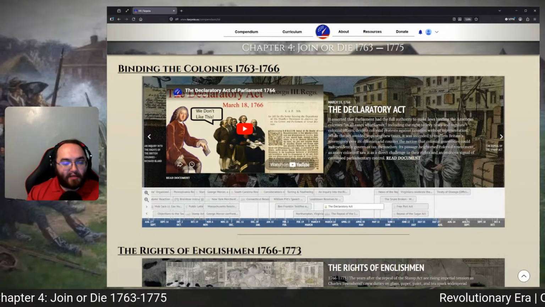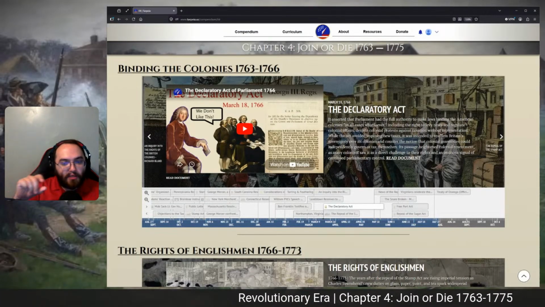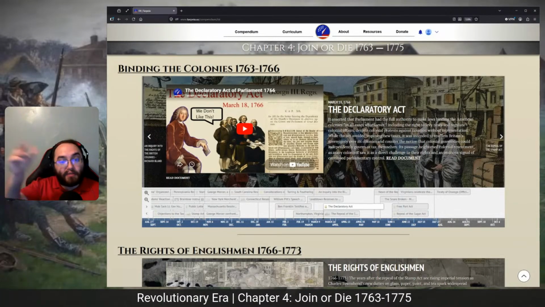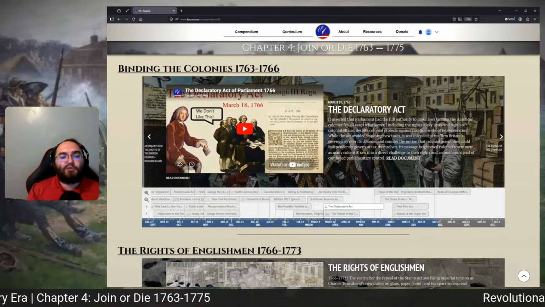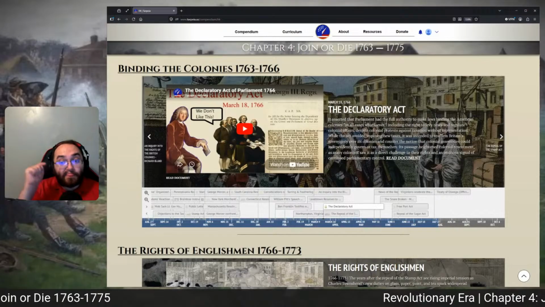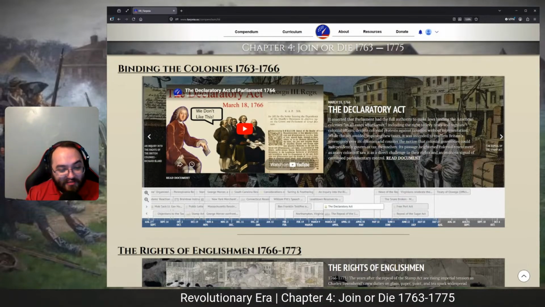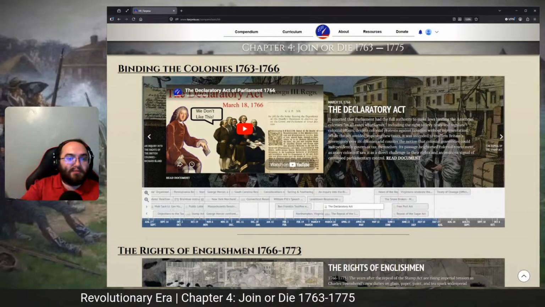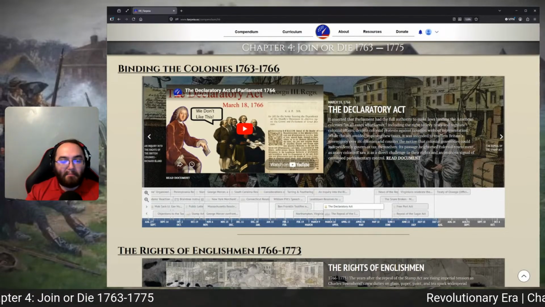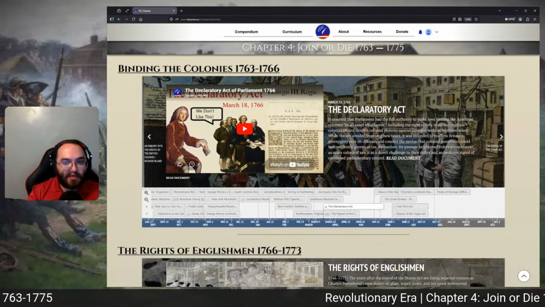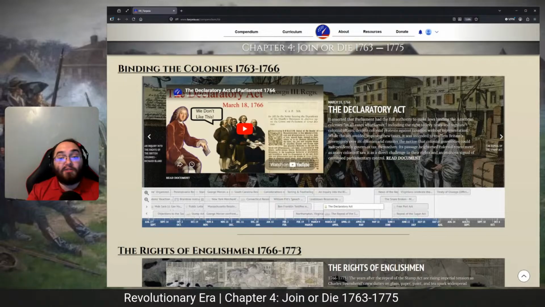And when you read the Declaration of Independence, when you read in the beginning, it talks about Parliament and the King, or mostly the King, trying to establish an absolute tyranny. This is what they're talking about in the Declaration of Independence. Because Parliament, and nominally the King, is arguing that they can pass laws binding the colonies in all cases whatsoever.